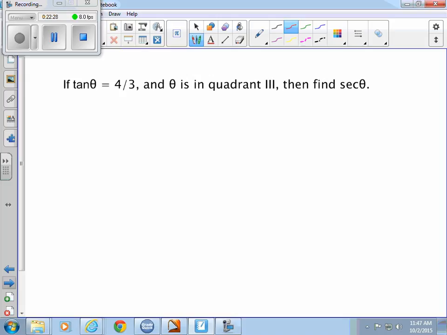If tangent of theta is 4/3 and theta is in quadrant 3, then find secant of theta. So again, we have two different ways we could do this, but for today I'm going to use algebra. After today, you can do it however you want. You will need to use these skills for something else later, but as far as this particular problem, you can do it either way.